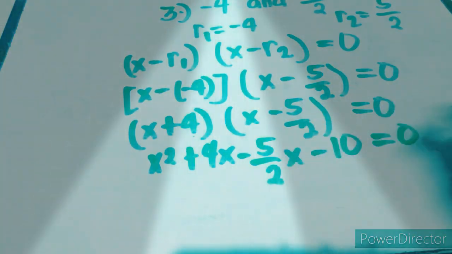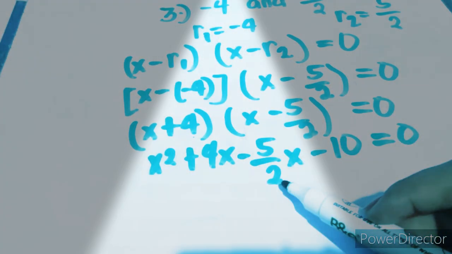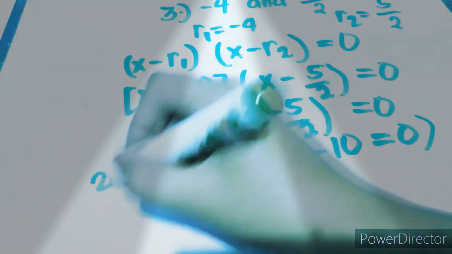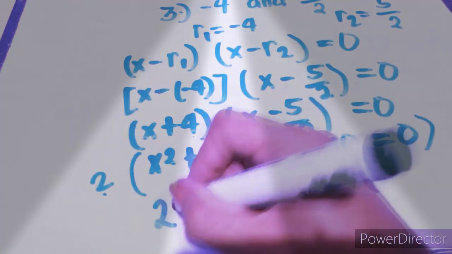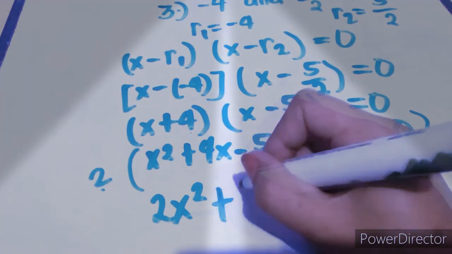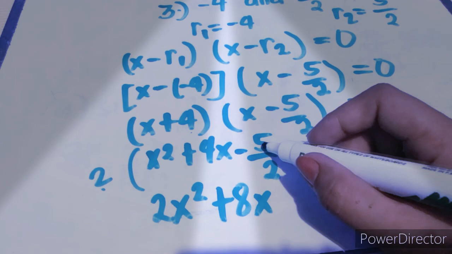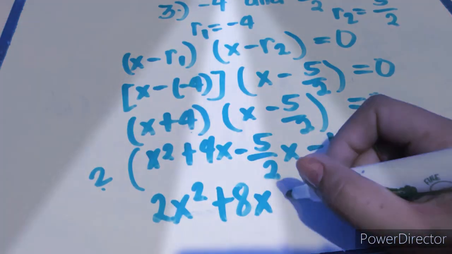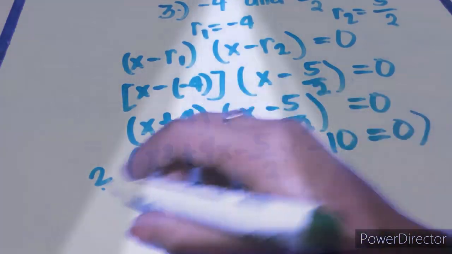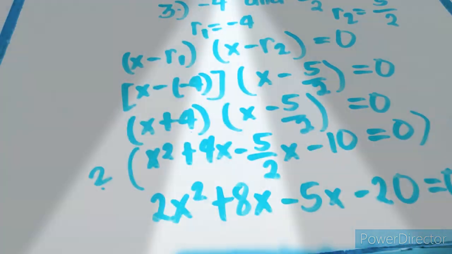Okay, if you have this one, multiply the whole equation by the denominator, so that is 2. So you have 2 times x squared, so 2x squared. 2 times 4x is positive 8x. 2 times negative 5 is negative 10, divided by 2 is negative 5x. 2 times negative 10 is negative 20, is equal to 0.